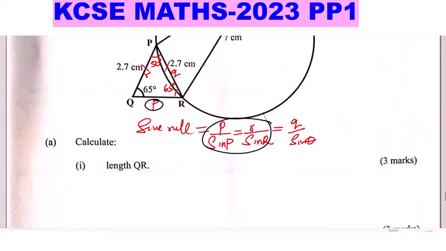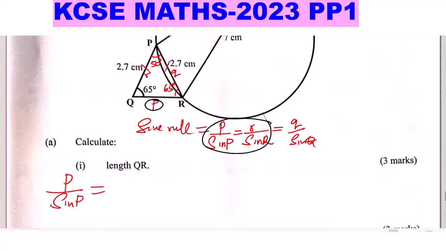So p, which is QR, over the sine of P is equal to r. You can use r over sine of R, or you can use q divided by sine of Q. All these will give you the same answer.